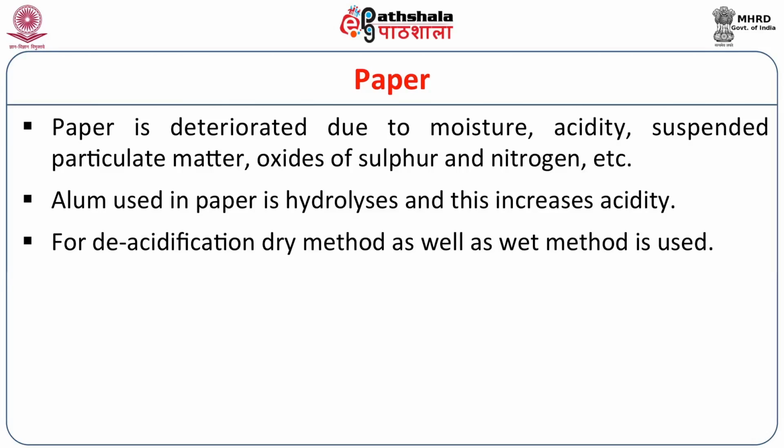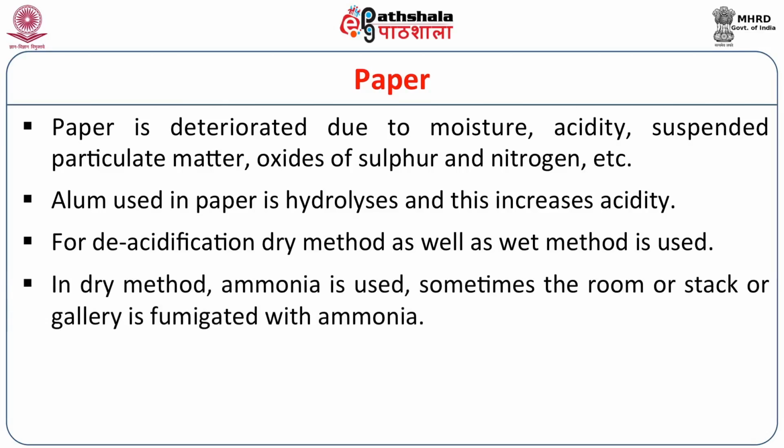For de-acidification of paper, dry method as well as wet method is used. In dry method, ammonia is used. Sometimes the room or the stack or the storage area or the gallery is fumigated with ammonia.